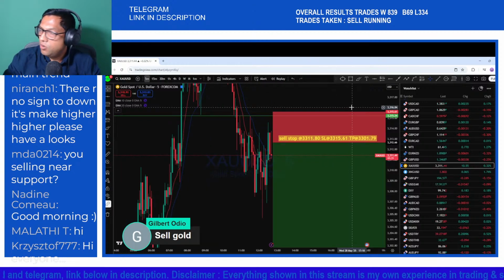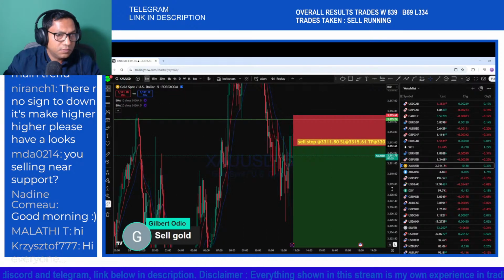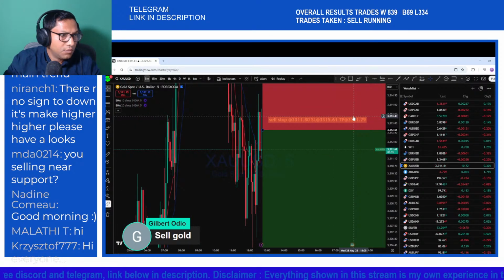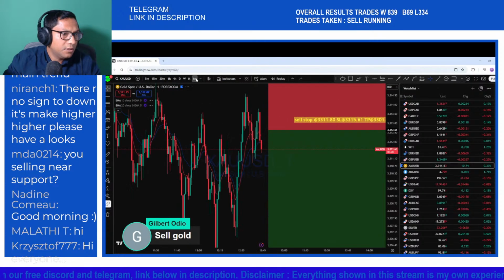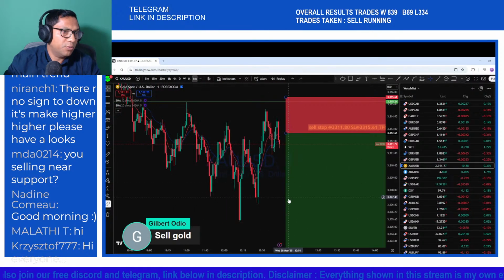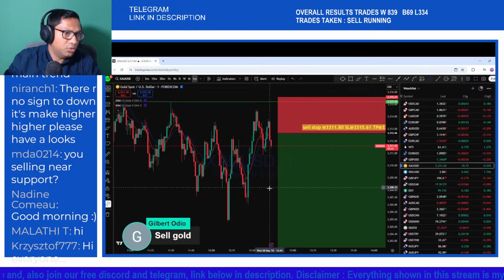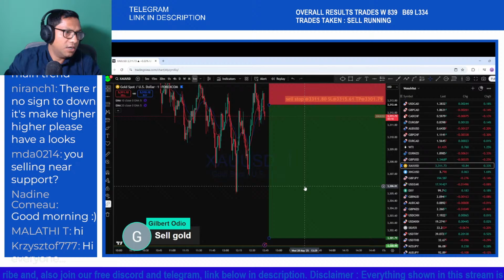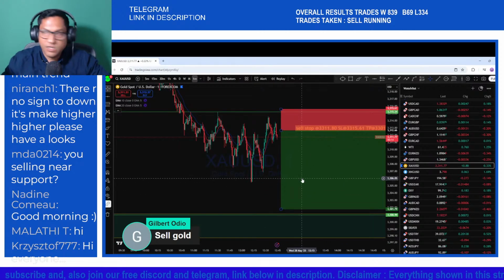Rejection back below our entry, and would like to see if it's coming back below to break the support. So if the market breaks below the support here, then to trend back down to the daily low, that's what we're expecting.